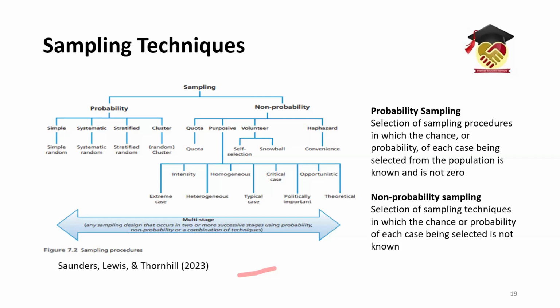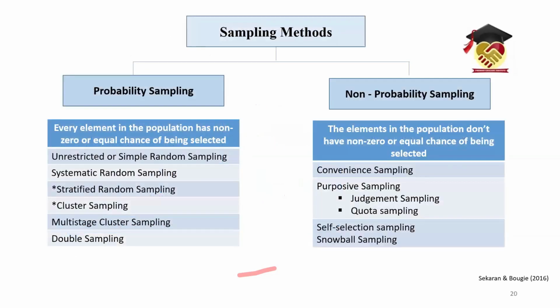Those 2 books will give you the 2 pictures. This is the sampling methods by Sager and Bouge. Anyway, almost the same. Probability is for quantitative, non-probability is for qualitative.